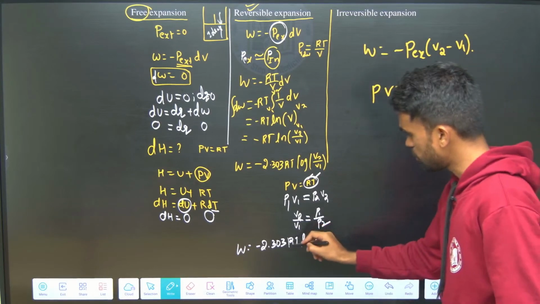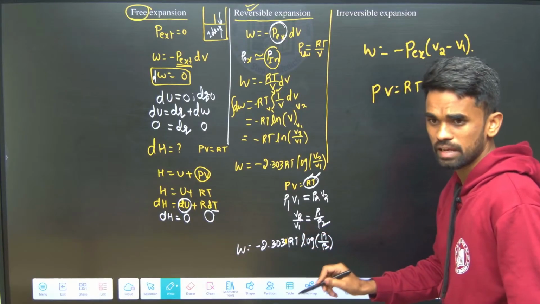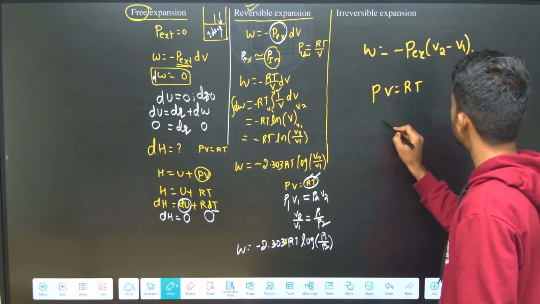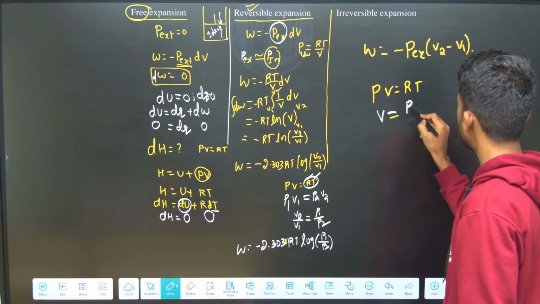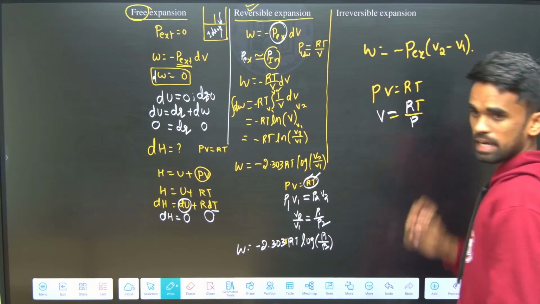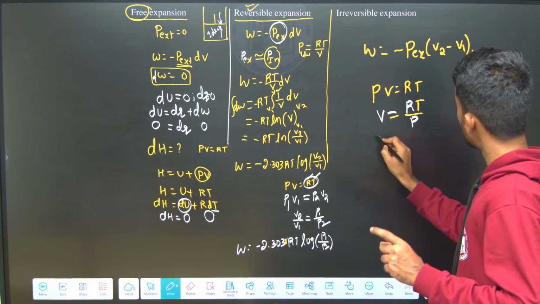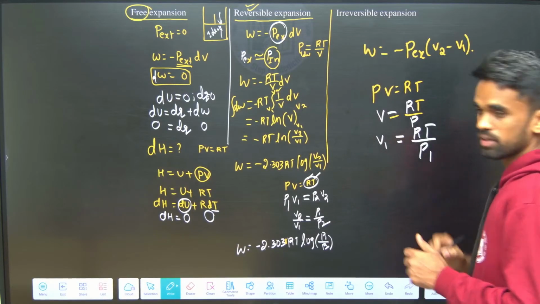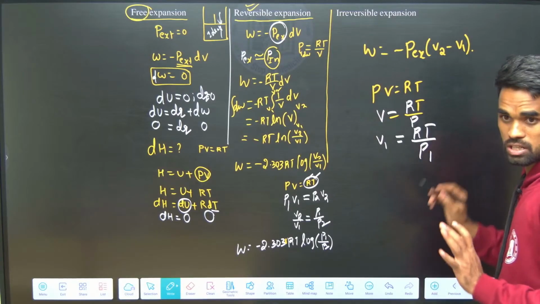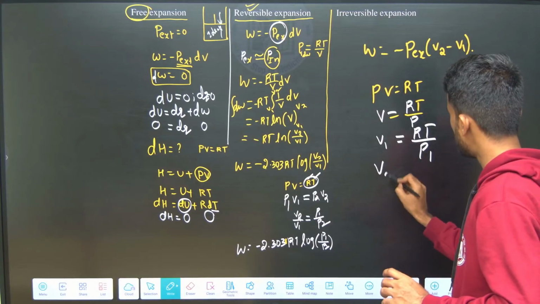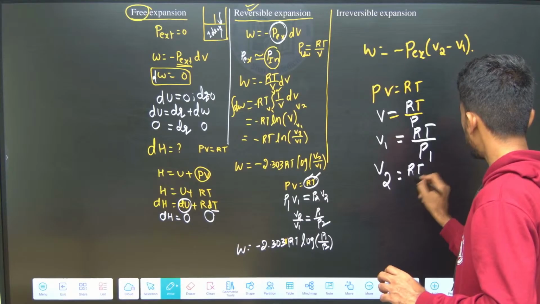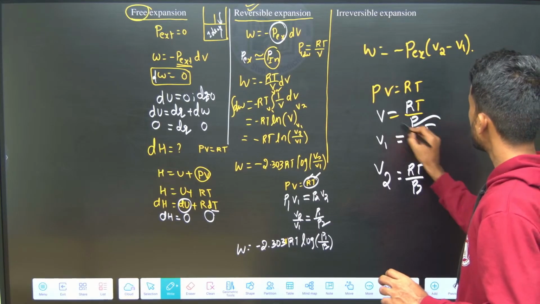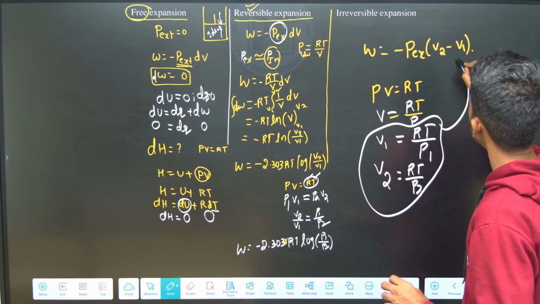If it is for n moles, you just multiply by n, so it becomes nRT. Now I just want V, so RT by P I can write. At volume V1 it will be RT by P1, because R and T are constants, and at volume V2 it is RT by P2. So you can substitute these values over here.